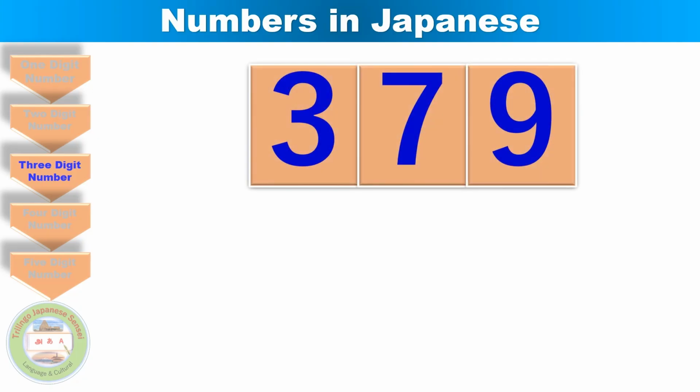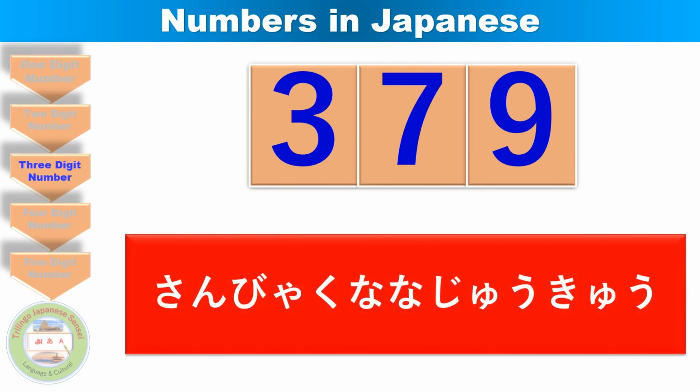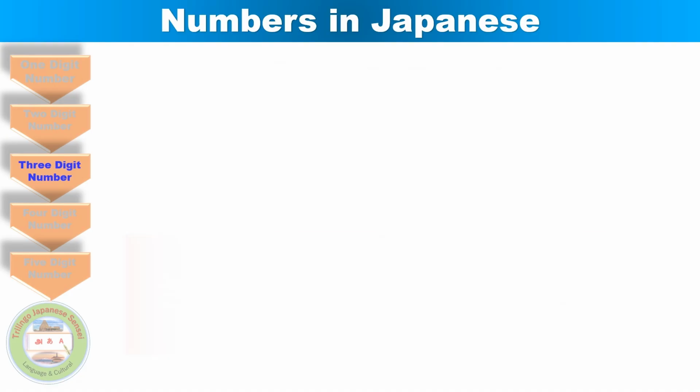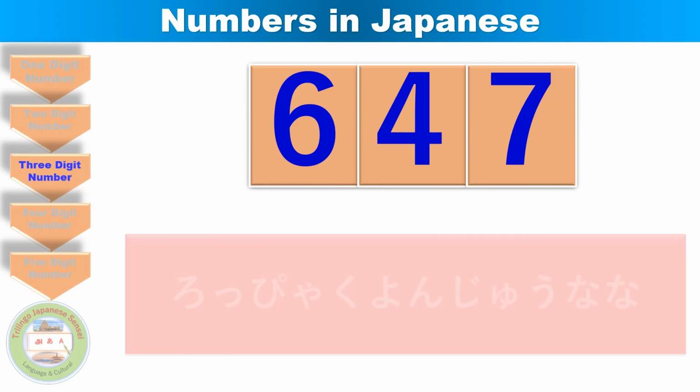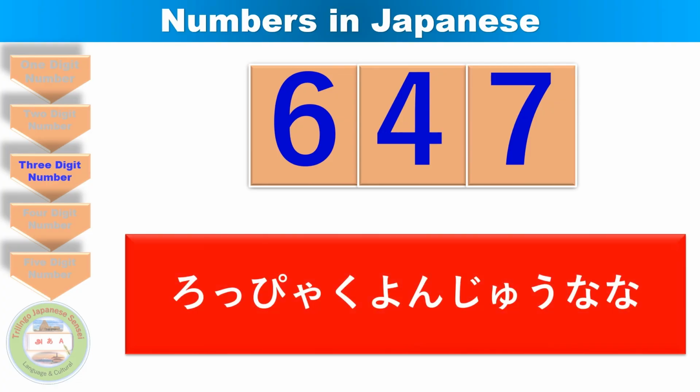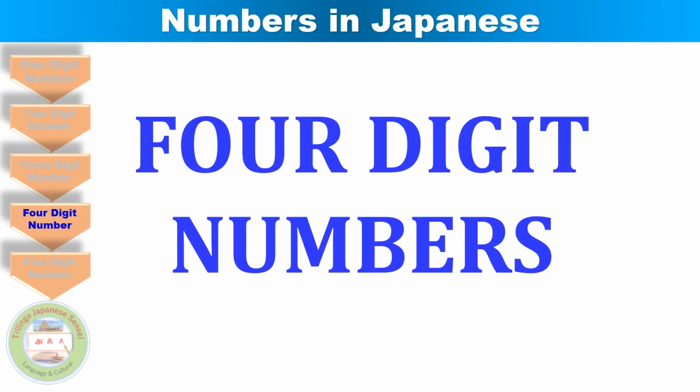The next number, 379. 300, 70, 9, kyu. The next number, 647. 600, 40, 7. That's amazing. Let's get into the 4-digit number system.